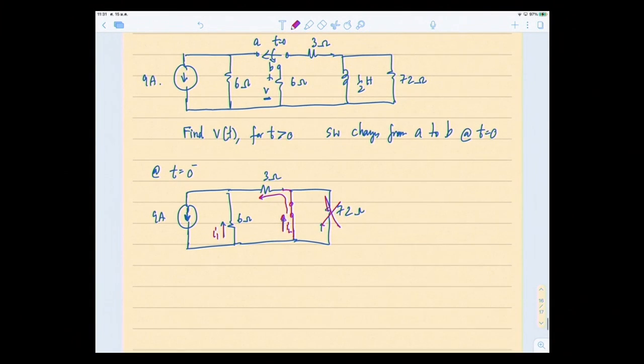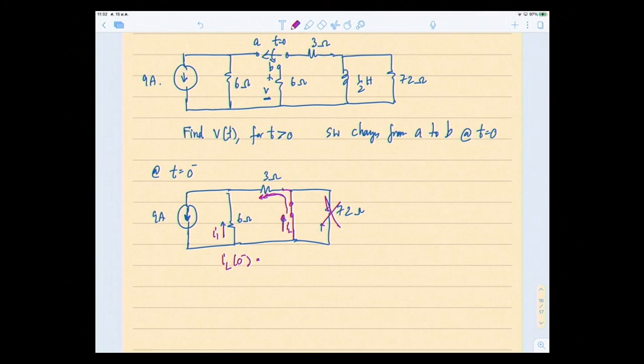So therefore, find IL at 0 minus. We want to check that. So current 9 amps come to this point divided into I1 and IL. The 9 amps divide into two portions, the 6 ohms and the one passing through the 3 ohms. So therefore, using current dividers, IL at 0 minus, divided into only two paths, right?